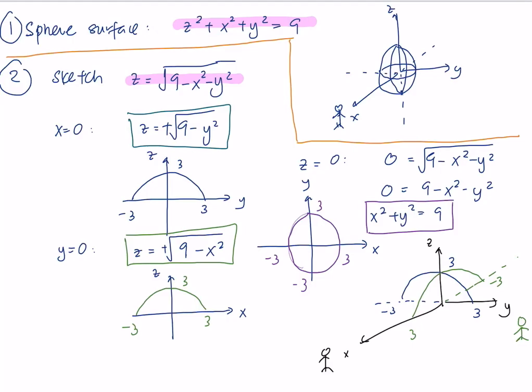If you look from the top, at z looking down, you can see the trace for z equal to 0, which is a circle on the floor for the x and y axes. You can see a circle.